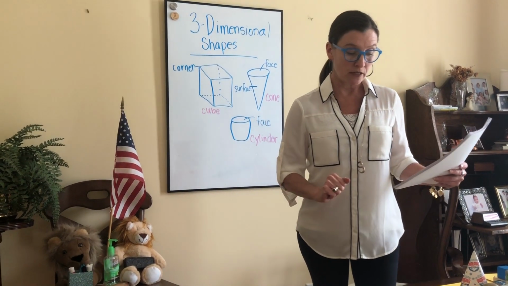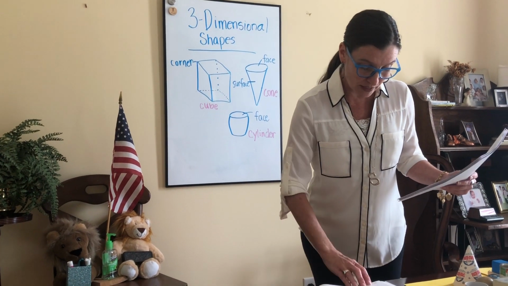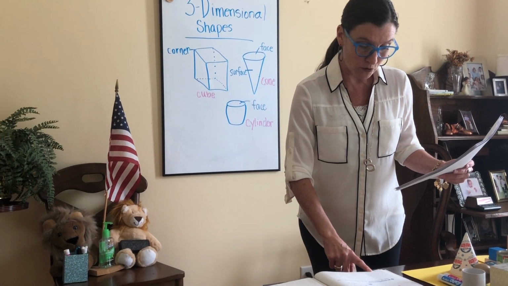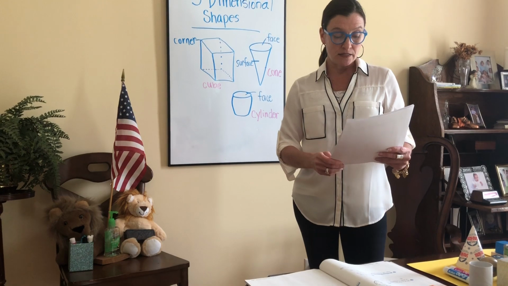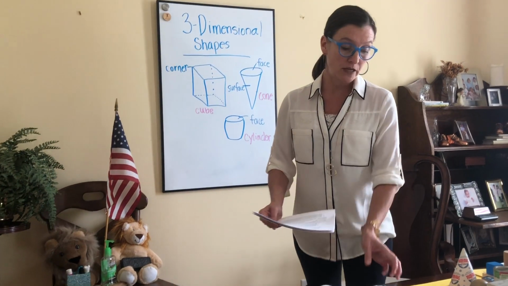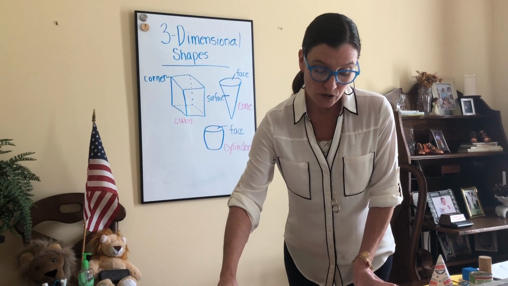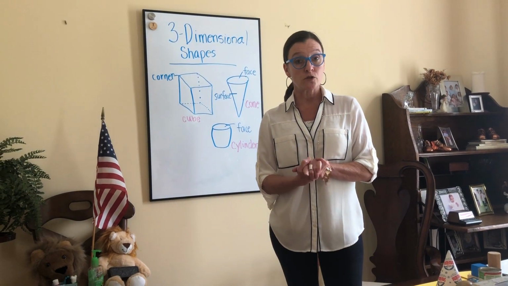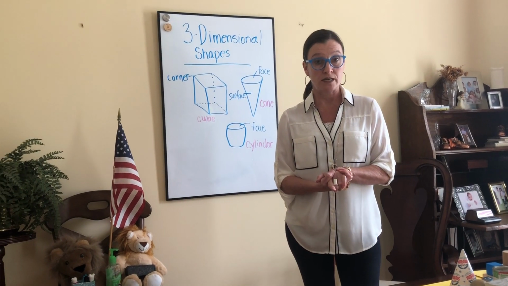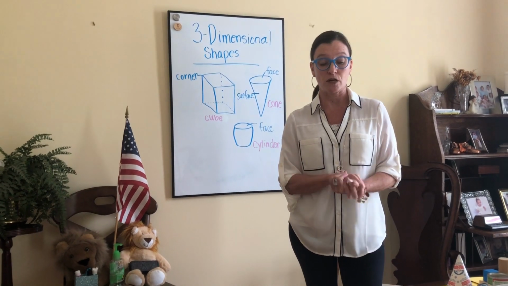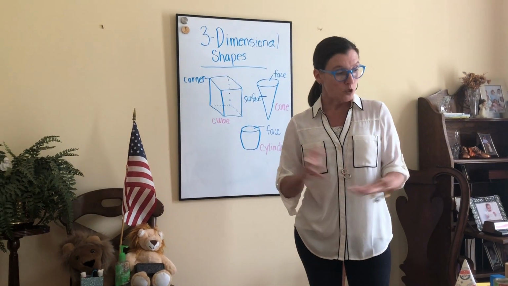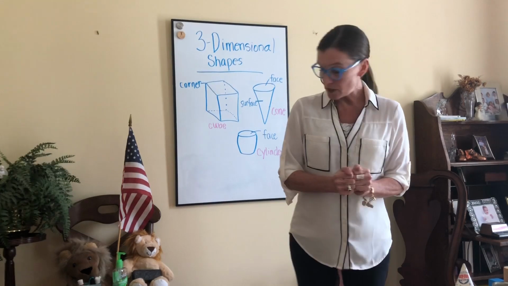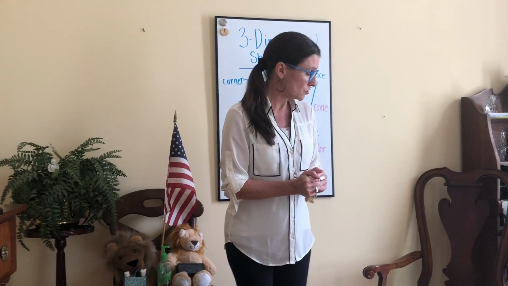It's okay that we're not going to do that. So you have math boxes on page 172, okay? And you have a home link on page 221. So that is your math work for tonight, and that is Thursday, today, whatever time of the day you're watching this video. So I hope you enjoyed a little something on three-dimensional shapes.